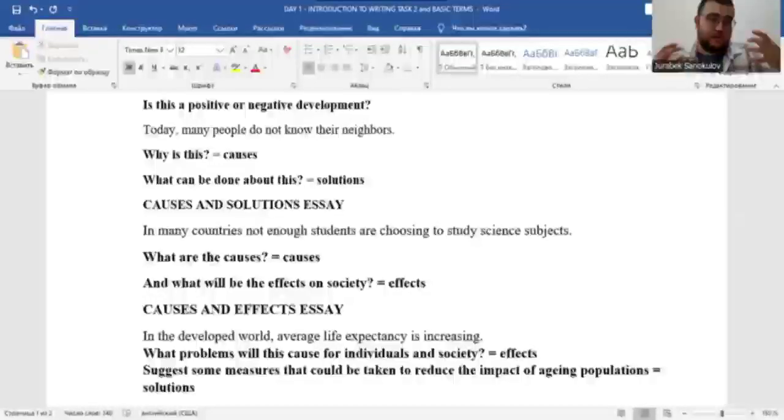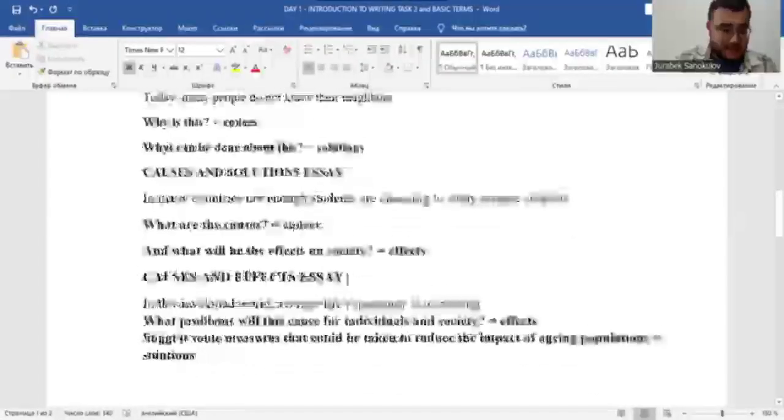So it's important to distinguish this, because when you're not asked to discuss the solutions, you don't have to. I mean, you shouldn't discuss the solutions, right? So when you're not asked to discuss the solutions, calling the essay a problem solution essay doesn't make sense, does it? So this is the causes and effects essay.